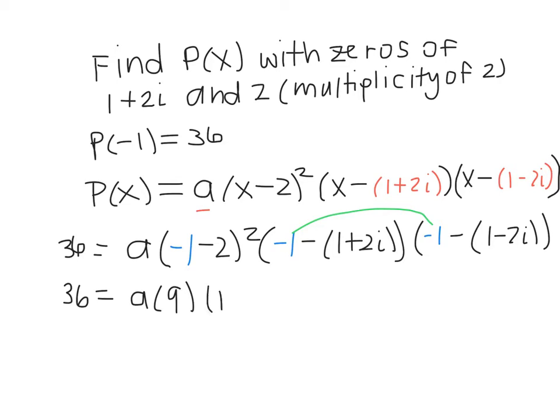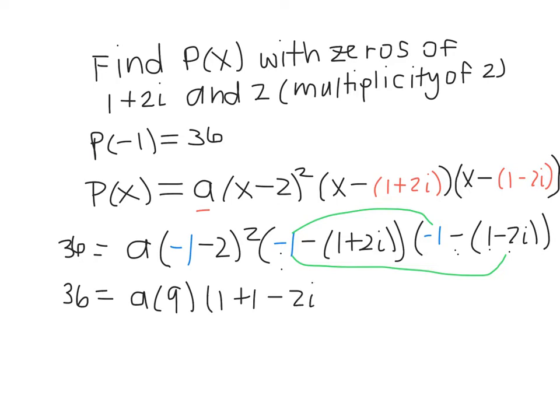Then we do the outside terms, so negative 1 times this complex number, and that is going to be negative 1 times a negative times a 1, so that's going to end up being plus 1. And then we have negative 1 times a negative 2i. So 3 negatives, so that ends up being minus 2i.